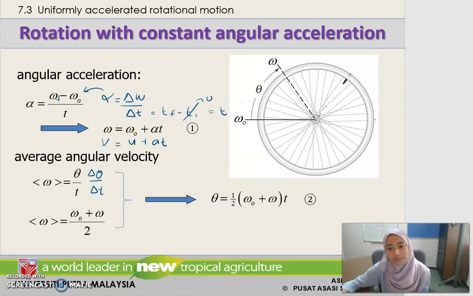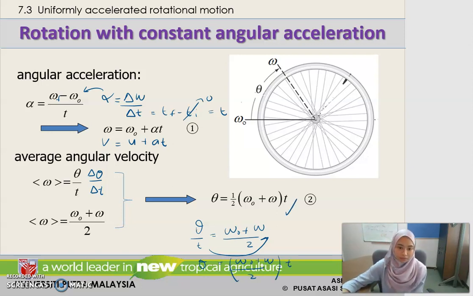So omega initial plus omega final divided by 2 times t. So I just equated this guy with this guy, right? So it's theta over t equals omega initial plus omega final divided by 2. Just rearranging this, I get theta. Right? It's pretty simple. Okay, good.